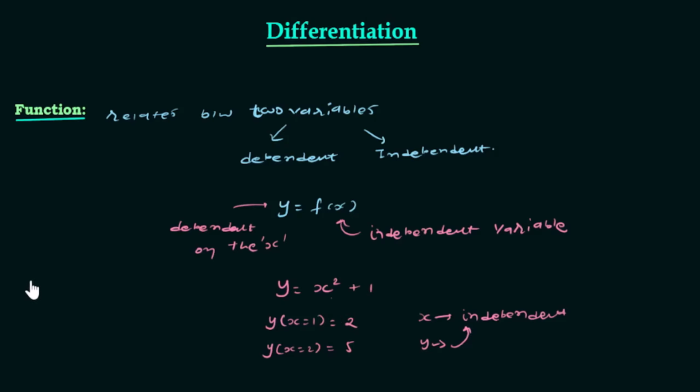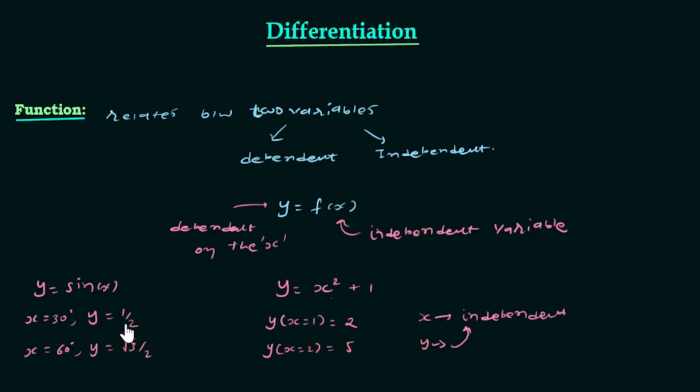One another example is y equals sine of x. For x equals 30 degree, y equals sine 30, sine 30 is half. For x equals 60 degree, y will be equal to root 3 by 2.